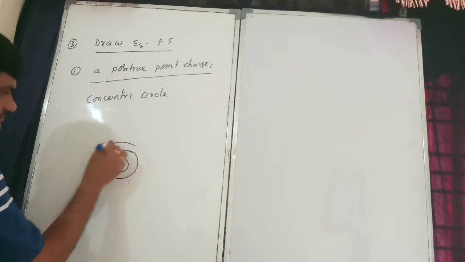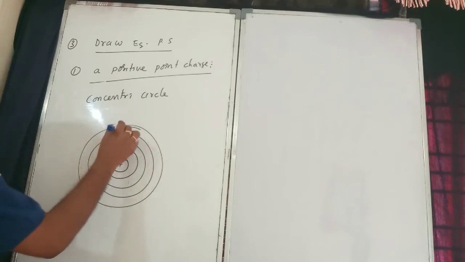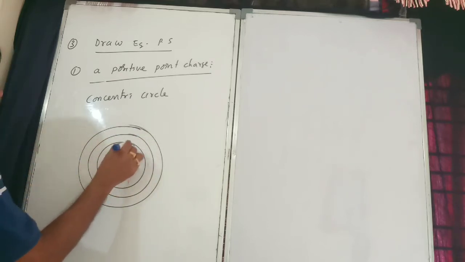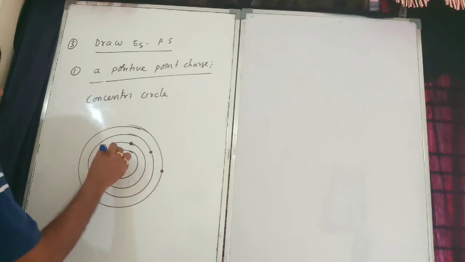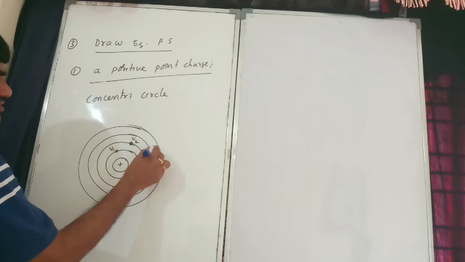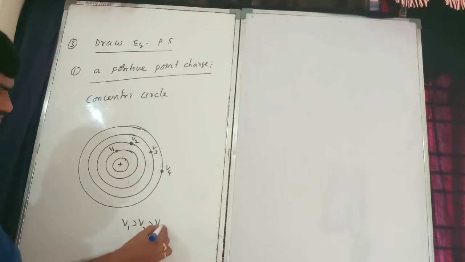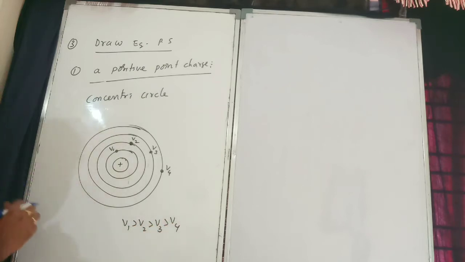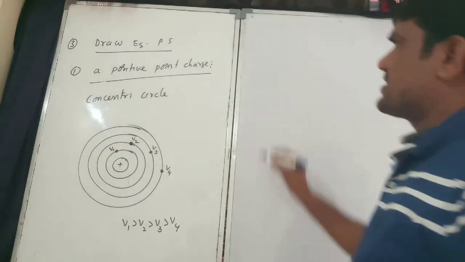First circle, second circle, third and fourth, etc. At these points the potentials are V1, V2, V3 and V4. So V1 is greater than V2, which is greater than V3, which is greater than V4. Why? Because of distance. That is a concentric circle for a point charge.